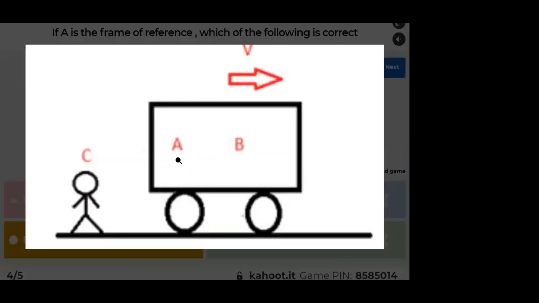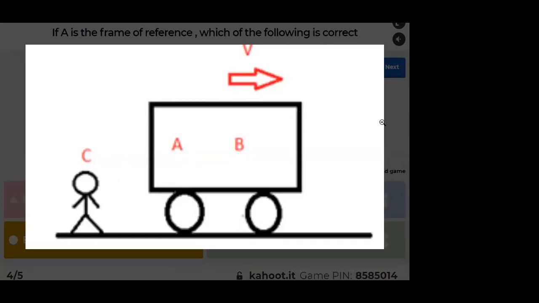Sir, I can't hear you. You can't hear me, guys? Can you hear me? Yes, sir, we can hear you. Okay. So we have studied with respect to A, B is at rest and C is in motion. Yes or no? Train wala example. All of you remember train wala example, right?